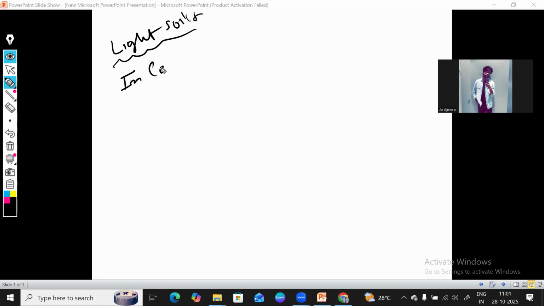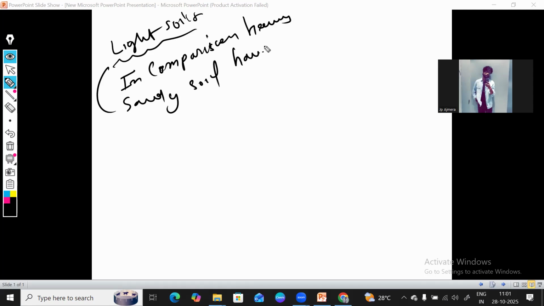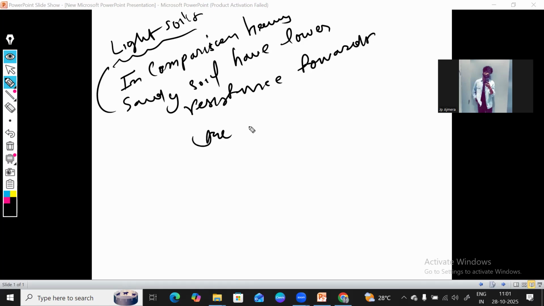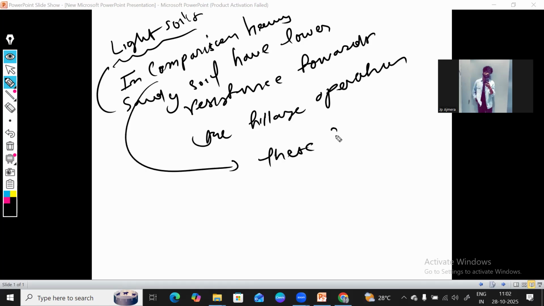In comparison to heavy soil, sandy soil has lower resistance toward tillage operations. So these soils are called light soil.